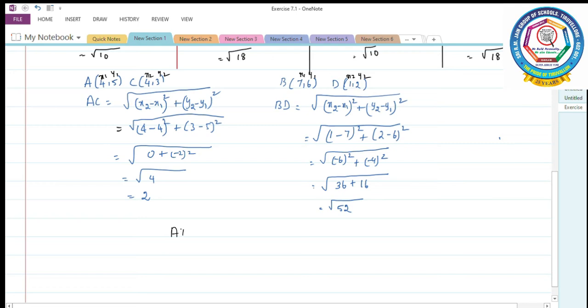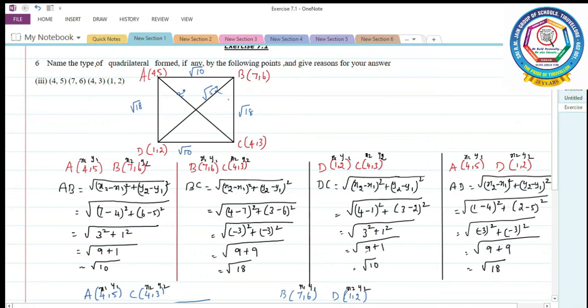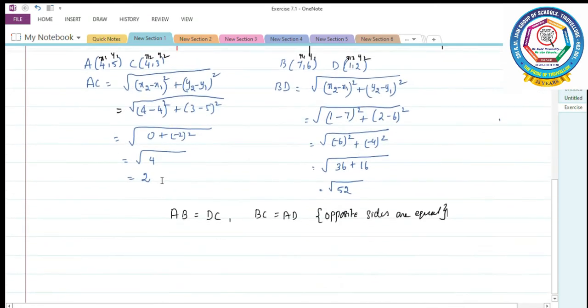AB equal to DC, then BC equal to AD. Opposite sides are equal. What about the diagonals? AC not equal to BD.